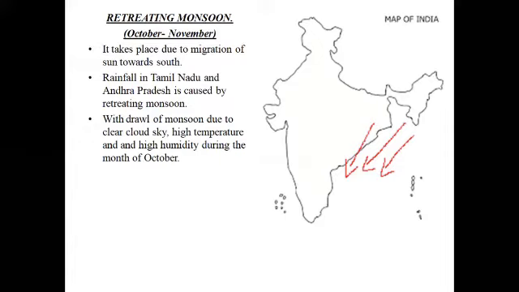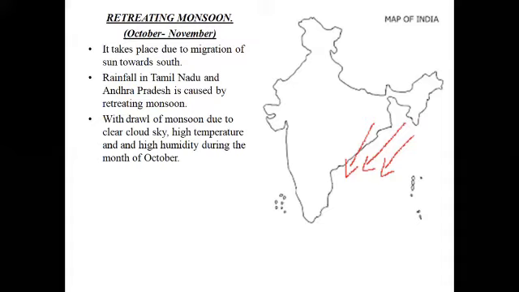As the low pressure is getting weak day by day, after a certain period of time the low pressure over the land masses changes into a high pressure zone. High pressure begins to build over the mainland, with low pressure over the sea.